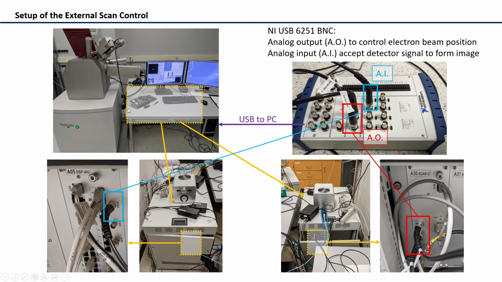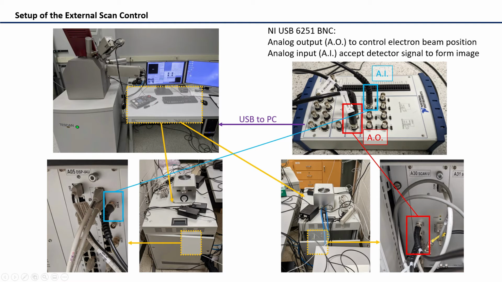So behind our microscope, we have this electronics cabinet, and we can open these two panels on the left and right side of the electronics cabinet to reach the terminals that we want to use.